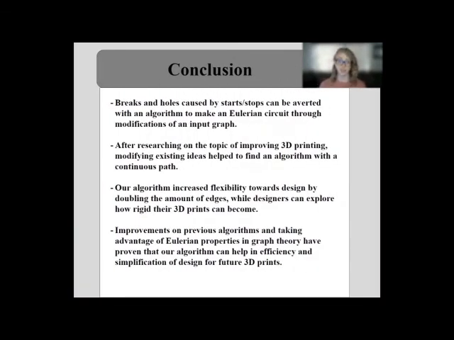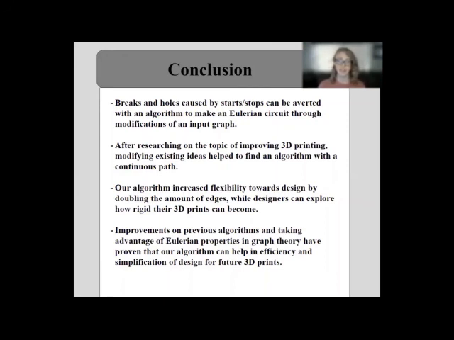So in conclusion, we have solved breaks and holes by knowing where they come from and how to avert them with an algorithm and an Eulerian circuit by modifying the input graph. After some research and improving 3D printing, modifying these existing ideas has helped us find an algorithm with a continuous path.